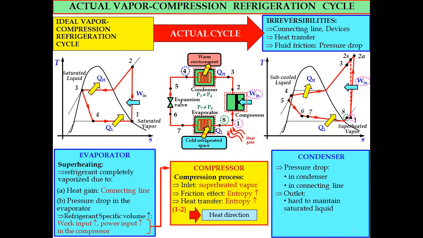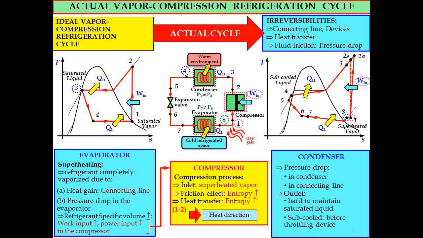So that's the meaning of the pressure drop in the connecting line for the condenser. The outlet of the condenser refers to state number 4. Actually, if we base on the ideal vapor compression refrigeration cycle, state number 4 will be at saturated liquid. However, in the actual process, it is hard to maintain the condition of state number 4 at the outlet of the condenser at saturated liquid.